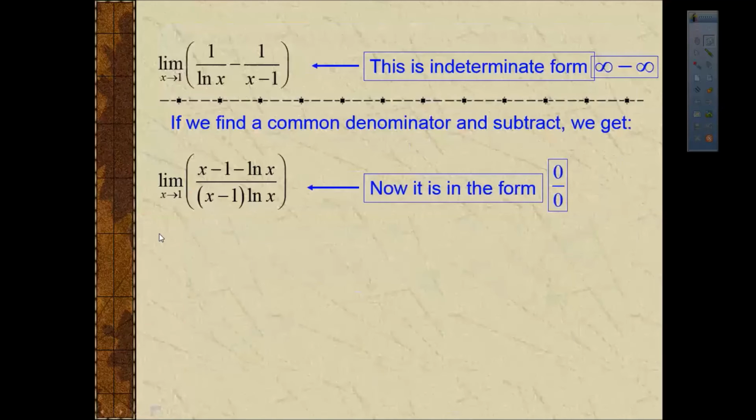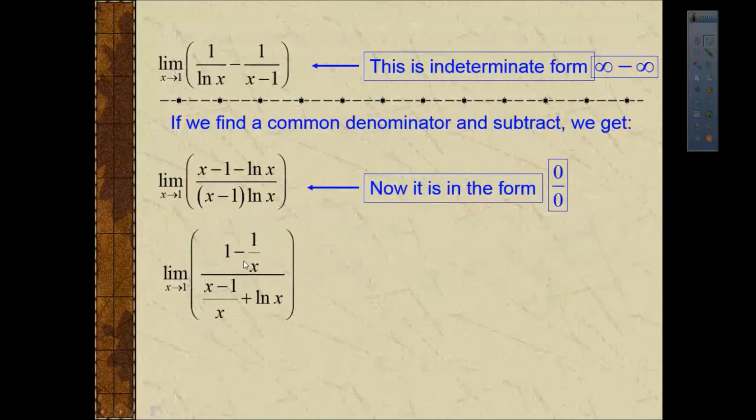So now let's apply L'Hopital's rule. We take the derivative of the numerator and the derivative of the denominator. The derivative of the numerator is 1 minus 1 over x. For the derivative of the denominator, make sure that you are applying the product rule: u prime times v plus u v prime.